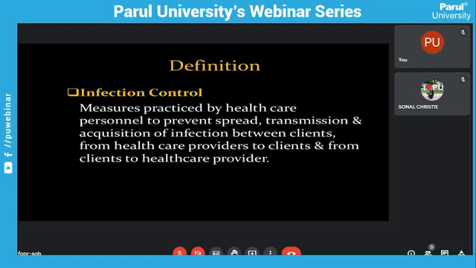Acquisition means getting of infection between clients, from healthcare providers to client, or from client to healthcare provider, from any infected client to healthcare provider.